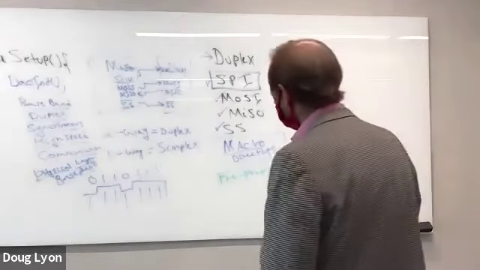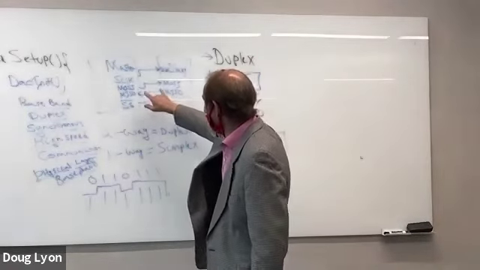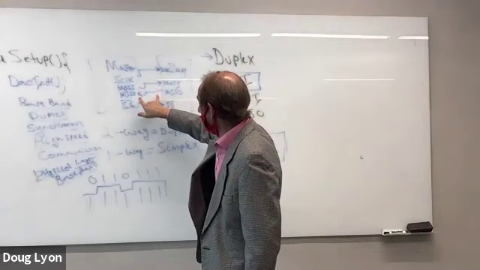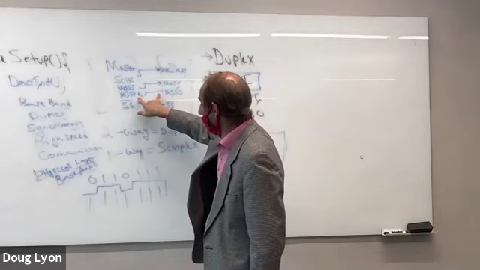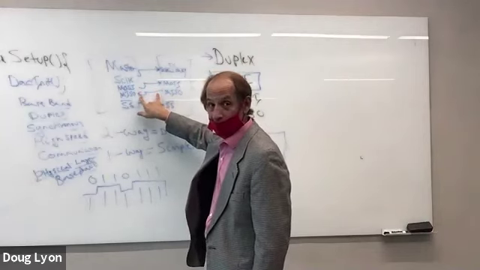Professor, would you mind reiterating how you can tell by looking at a configuration whether it's simplex or duplex? Sure. In this particular case, we know it's duplex because we've got an output from this master and we've got an input from the slave, and they can both communicate at the same time.